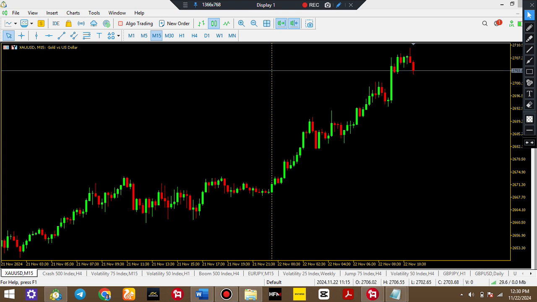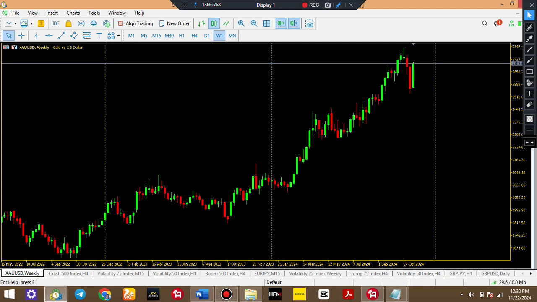So on gold, what you should be expecting more now is a sell opportunity, not a buy opportunity, because on the weekly time frame we had price selling. This is a pullback. Until this pullback breaks above this high, that is when we consider it a continuation pattern. Otherwise, price probably just came to sweep out liquidity.